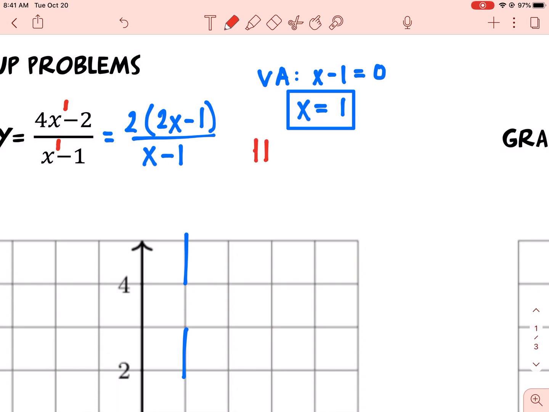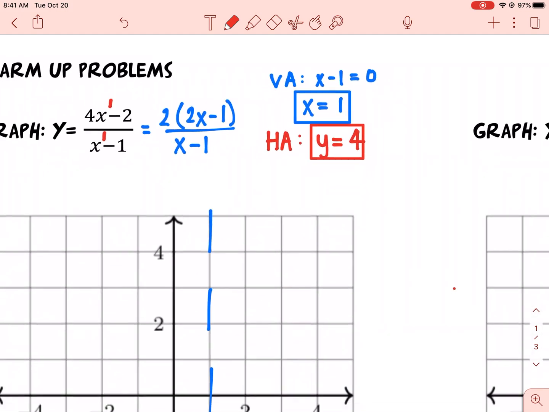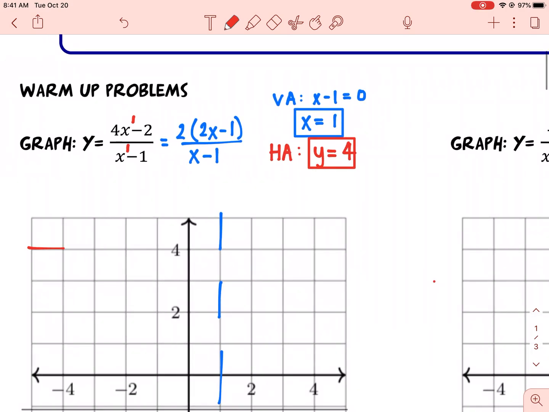The degrees are equal, which means you take the ratio of the coefficients, which means it's going to be y equals 4 divided by 1, or just 4. So that is my horizontal asymptote, based on the fact that the degrees here are the same. So at y equals 4, I'm going to have a nice dashed line.